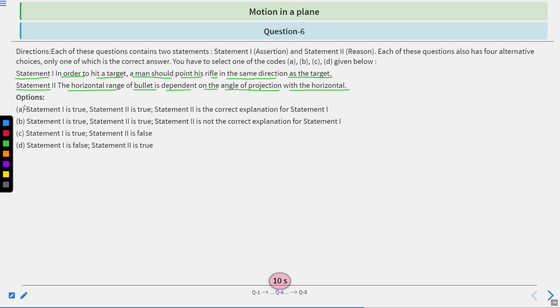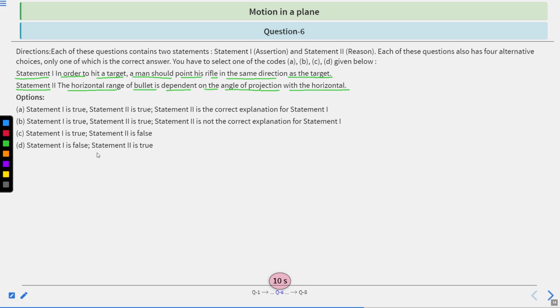So which statement is true? Option A: statement first is true, statement 2 is true, statement 2 is the correct explanation for statement first. Option B: statement first is true, statement second is true, statement second is not the correct explanation for statement first. Option C: statement first is true, statement second is false. And option D: statement first is false, statement second is true.